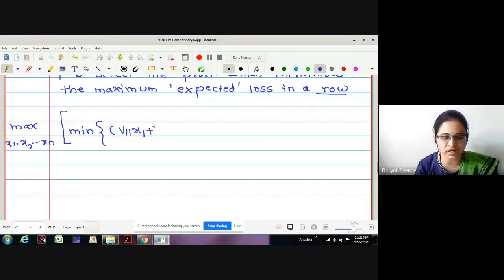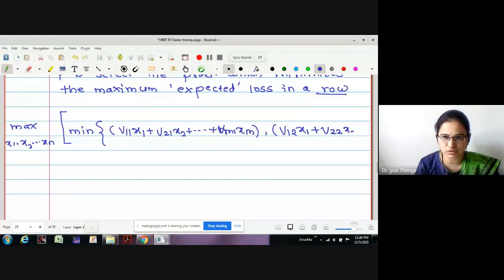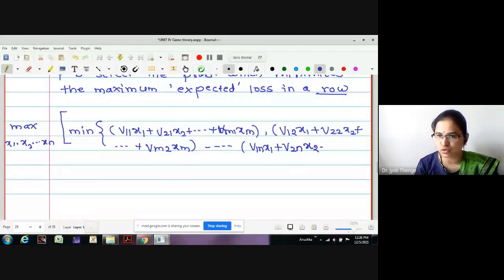Whether it is v11 x1, v21 x2 up to vm1 xm. Is that okay? Second column is v12 x1, v22 x2 up to vm2 xm. Continue. We got for the last column v1n x1, v2n x2, so on, vmn xm.